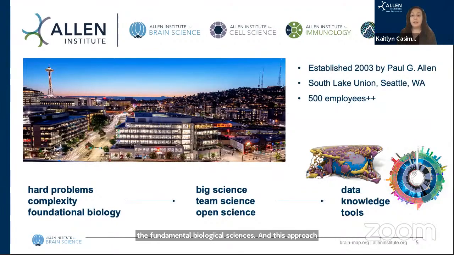This approach is guided by 3 core principles: big team and open science, which I'll return to in a moment. The work generates data, knowledge, and analysis tools, all of which we share publicly for you to use in your work. To date, we've collected about 14 petabytes of data, which is 2.8 million DVDs worth. And the EM data set that we're about to dive into is the single largest data set of all of them.